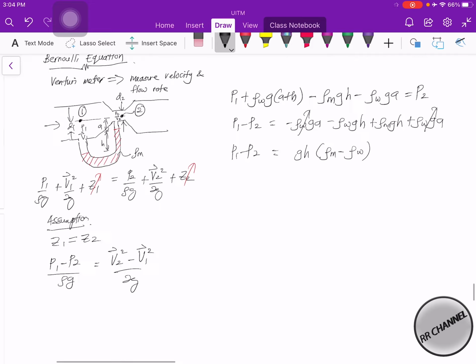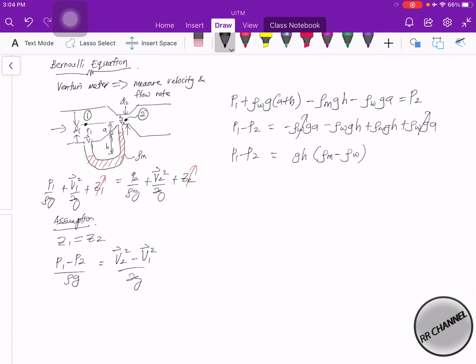Then we can replace this into the Bernoulli equation to simplify the problem.